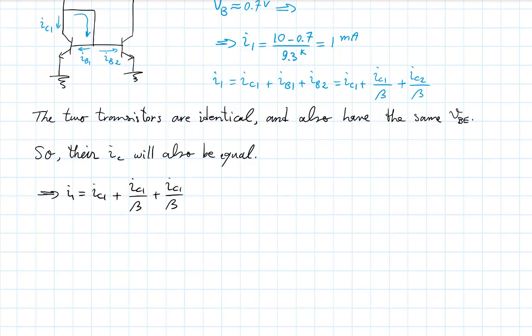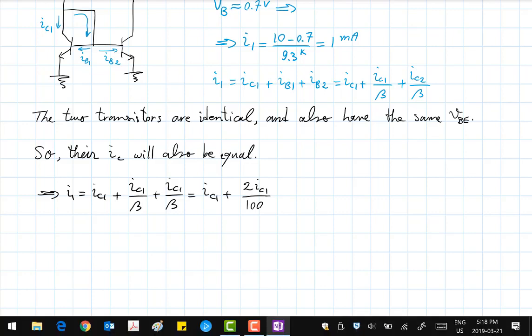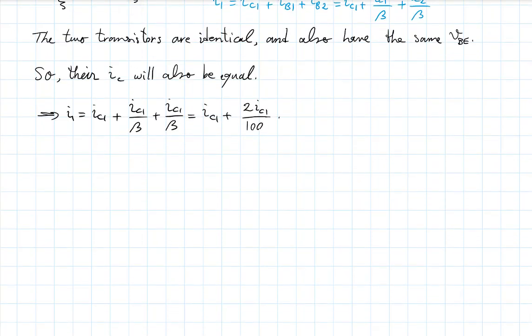And beta is 100, so this is IC1 plus 2 IC1 over 100. Now, if you don't want to be very picky, you could say, well, this is approximately IC1, because it's 1.02 IC1. So this is exactly 1.02 IC1, or approximately IC1.